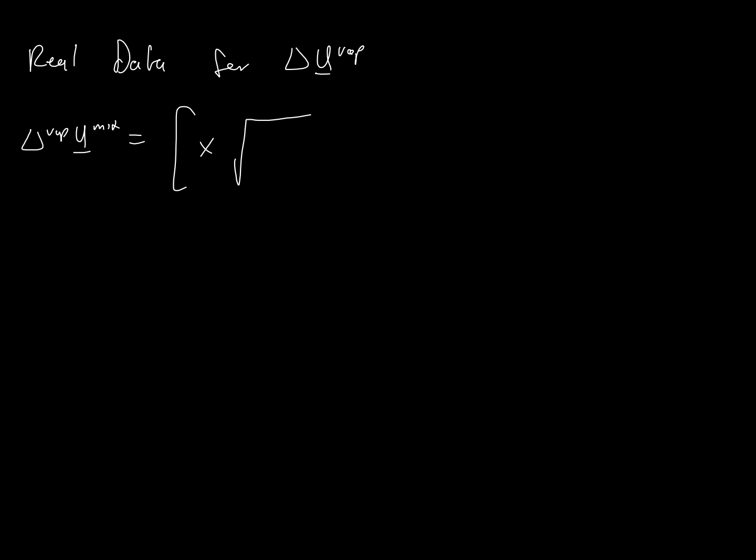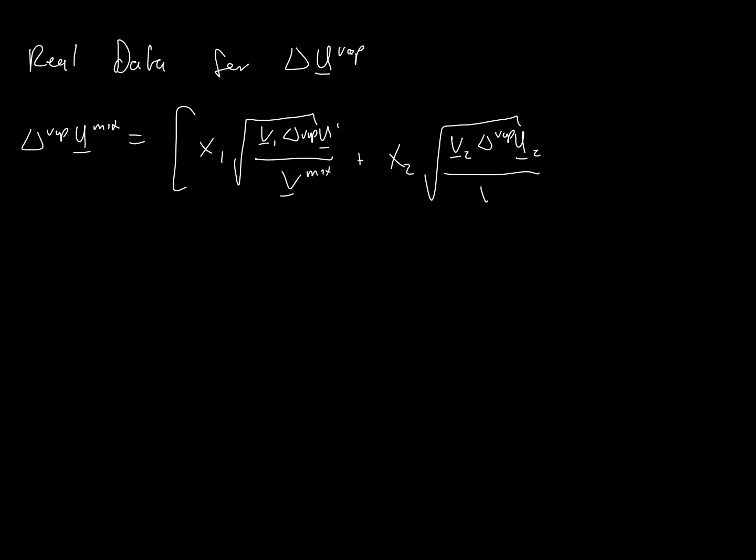We'll use an empirical mixing rule where the delta vaporization of U of the mixture is related to some sort of a weighted average of the pure species delta U's of vaporization.